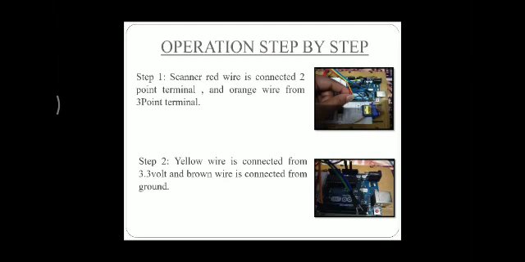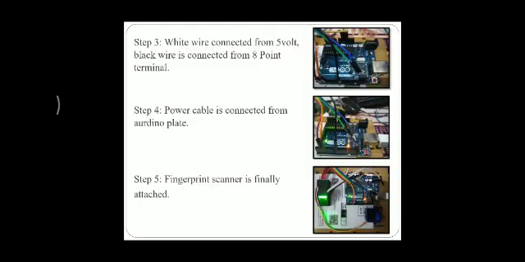Step 2, the yellow wire is connected from 3.3 volt and the brown wire is connected from ground. Step 3, the white wire is connected from 5 volt, and the black wire is connected from the 8 point terminal. Step 4, the power cable is connected from the Arduino plate. Step 5, the fingerprint scanner is finally attached.